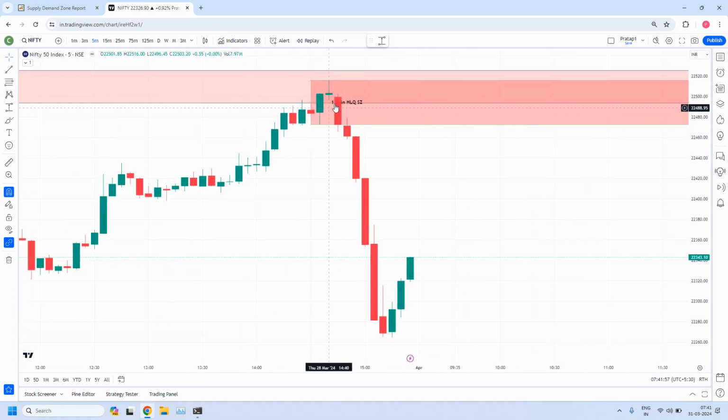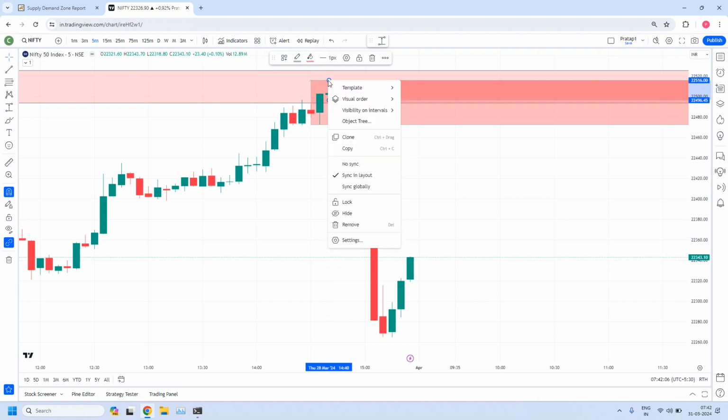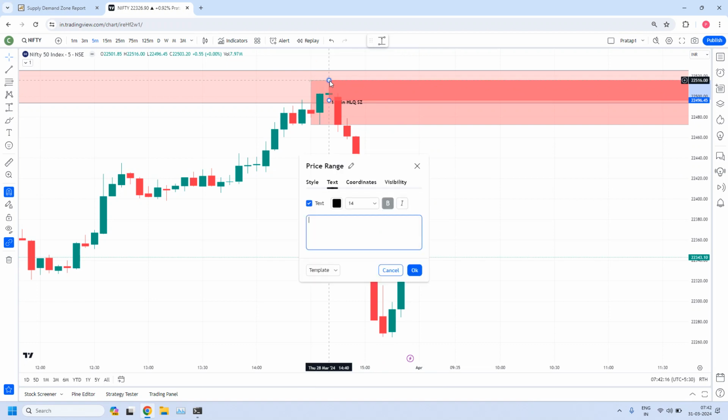Here we have the real order flow. This is the one we are looking for. Perfect order flow, institutional order flow, this one. This is a supply zone. This is 5 minutes, high liquidity.